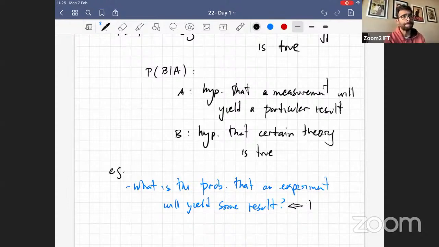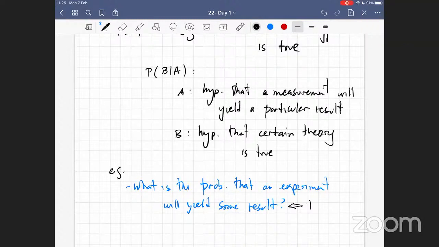So this is a random variable here, and so what would that be? Would that be Bayesian? Yes, it would be Bayesian. Why?